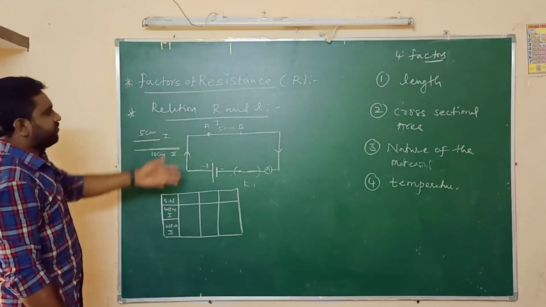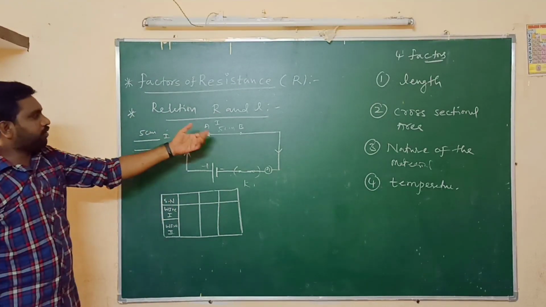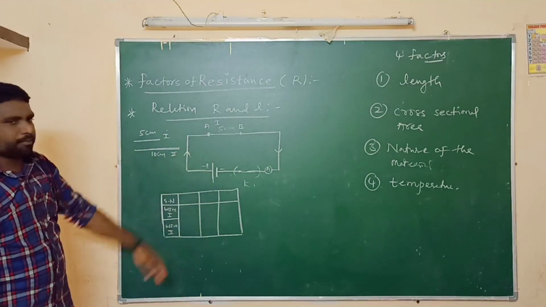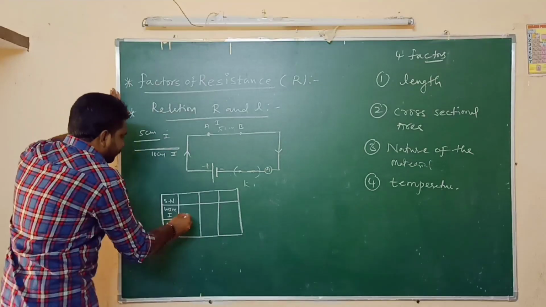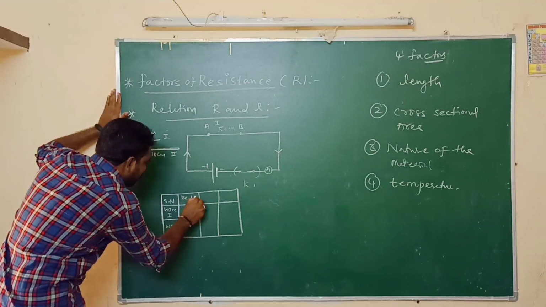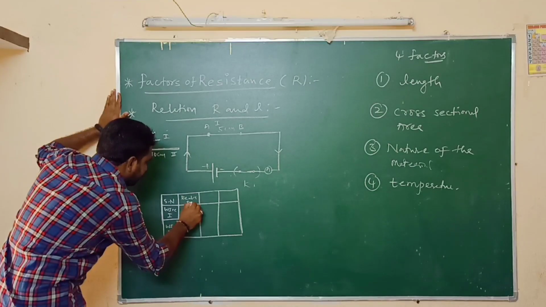We repeat the same process: we remove this wire and place the second wire. Again we note down the reading of the ammeter, in amperes.